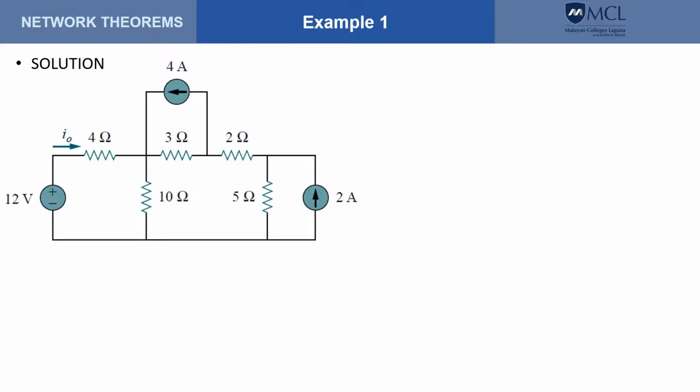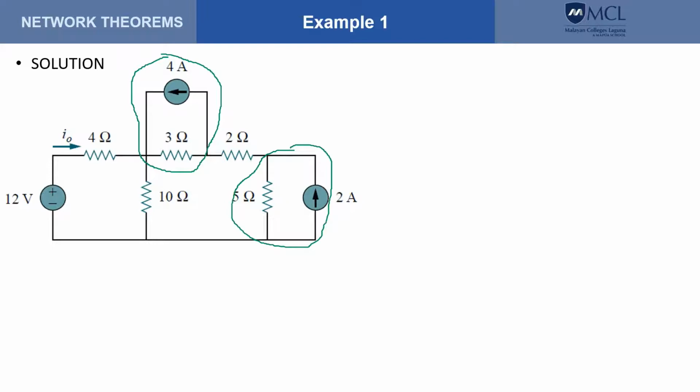Here, for example, you see that we have a 4 ampere source that is in parallel with a 3 ohm resistance, and also a 2 ampere source that is in parallel with a 5 ohm resistance. So both of these can be converted into a voltage source.